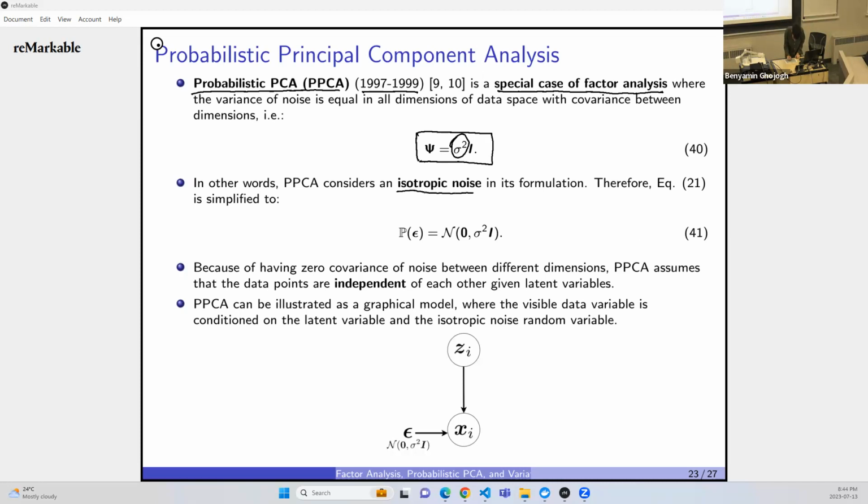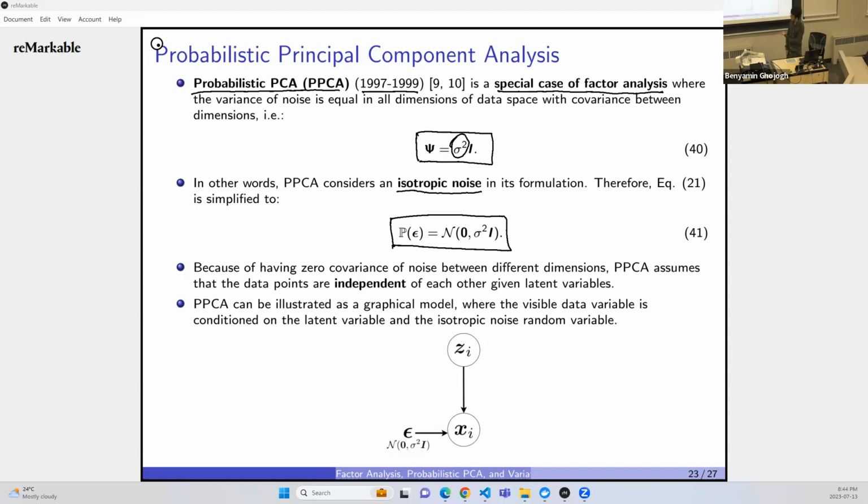It's called isotropic noise. In every direction, it's the same value. It's like a hypersphere rather than a hyperoval. Okay. So the probability of noise is simplified to this. It relaxes the covariance of factor analysis.